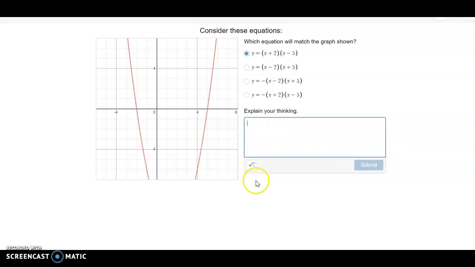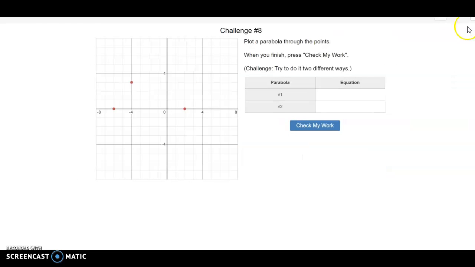And you can write, the positive 2 means it was 2 away on the left side, and the negative 5 means it was 5 away from the origin, however you want to phrase it for your answer. Now for the last one here, when you finish check my work, try to do it 2 different ways.